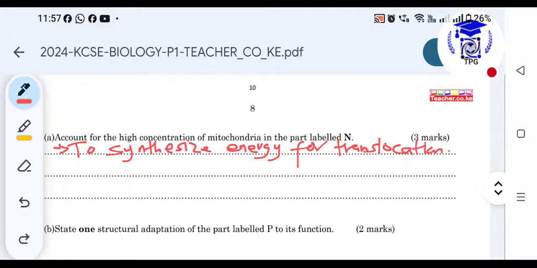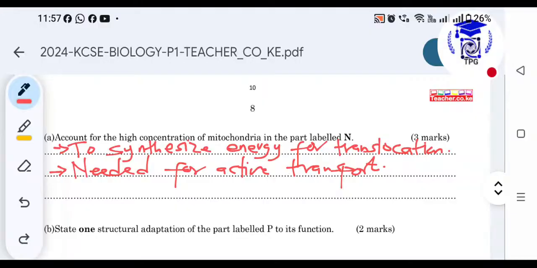Translocation of food. The second one, it is needed for active transport. And the other one is, this is the active transport.